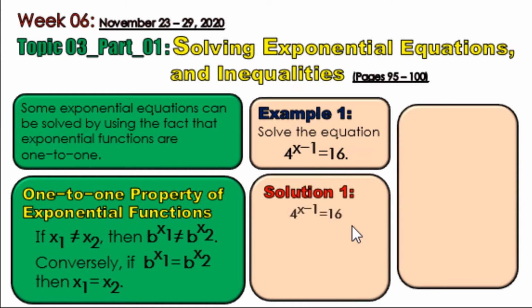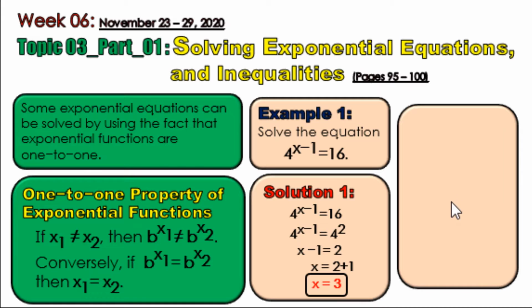Now we have the same bases, so we can equate the two exponents and solve for the value of x. The exponents give x minus 1 is equal to 2. Applying the addition property of equality, x is equal to 2 plus 1, and therefore the value of x is equal to 3.